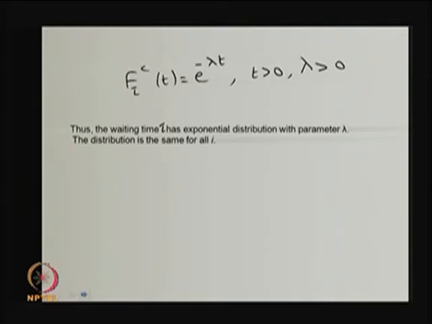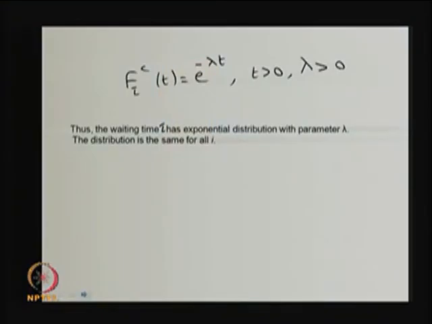Since the complement CDF is e power minus lambda t, the CDF of the unknown random variable tau is 1 minus e power minus lambda t for t greater than 0, for some lambda. And you know that if the CDF of a random variable is 1 minus e power minus lambda t for t greater than 0 and lambda greater than 0, then that random variable is exponentially distributed.